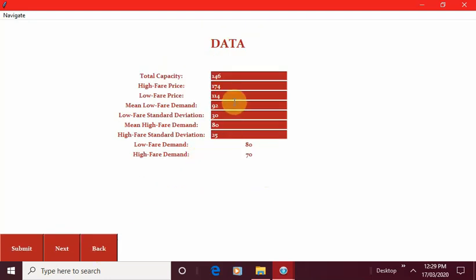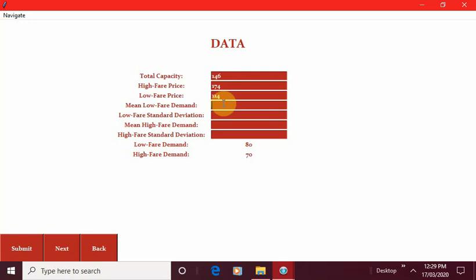Here I mentioned that the total capacity, high fare, and low fare remain the same. Here I mentioned the airline does not have the historical data. They just know the demand for that particular day would be this much, whatever figure we enter. Let's assume that whatever figure we entered, the total demand for low fare and high fare was on 1st of April.